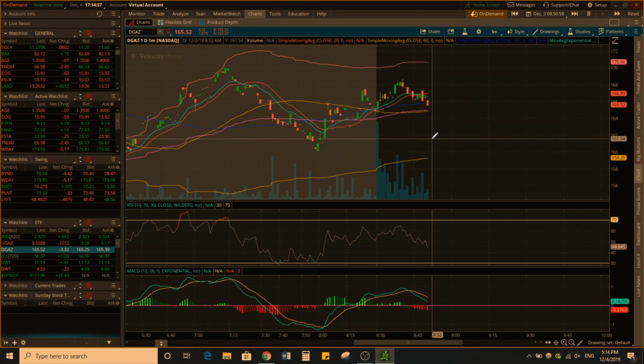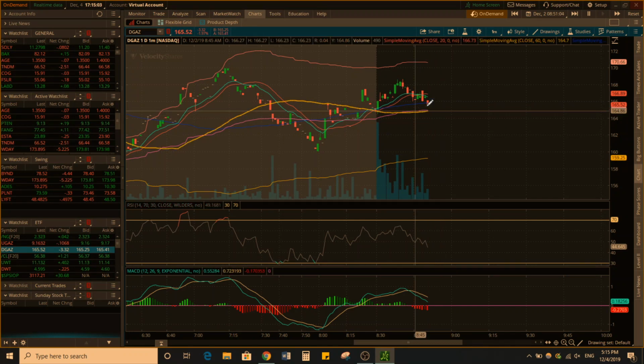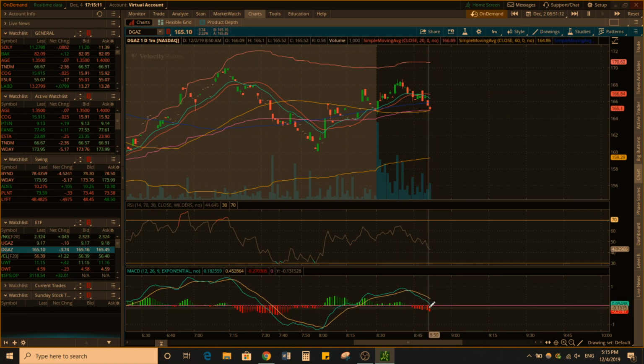So yeah, right here, right now, not a great buy. If it keeps doing this, it could be. Now the margin of profit, maybe if it goes up to here, it's 1%, which is not bad. However, the MACD has continued to increase the red bars, which means the reversal is not there yet, and I have to wait for confirmation of it to reverse.